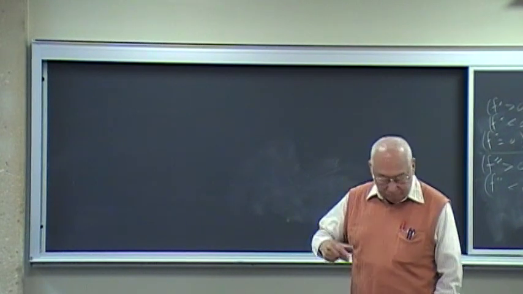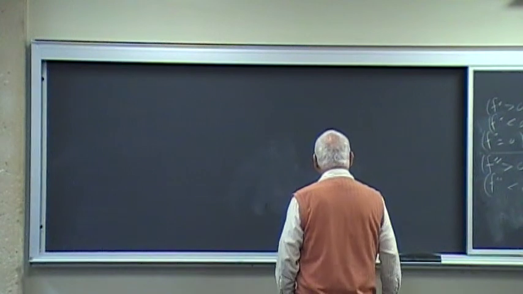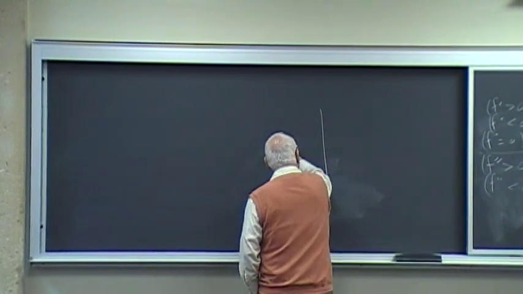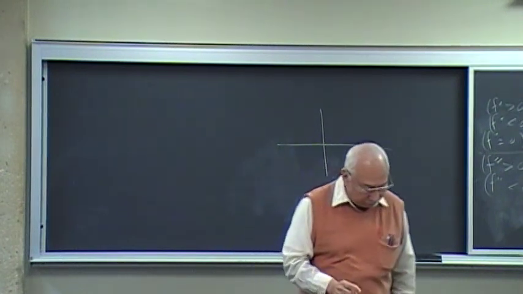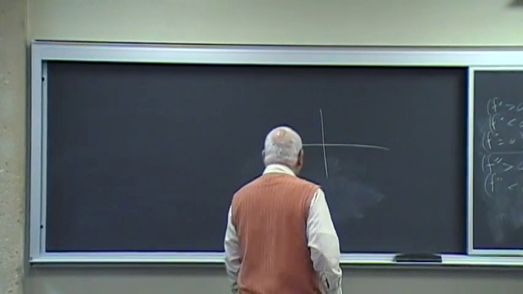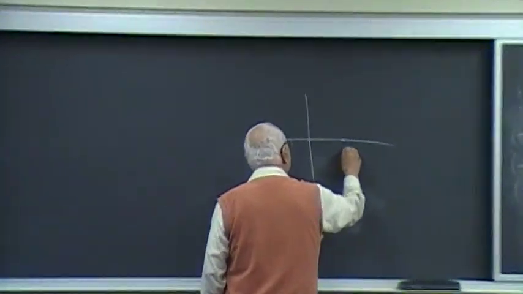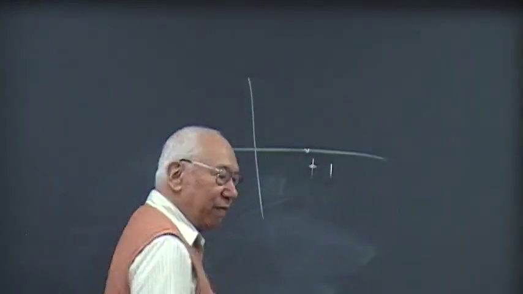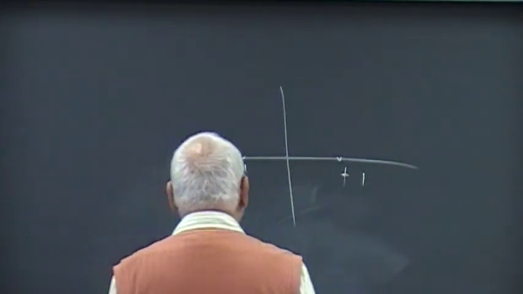On the bottom, figure 2, he's got the graph of a function, and the graph of the derivative of the function, y equals f prime of x. And here's minus 1, and here's plus 1.